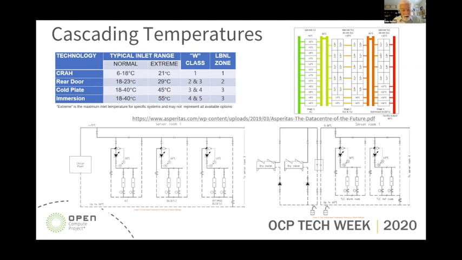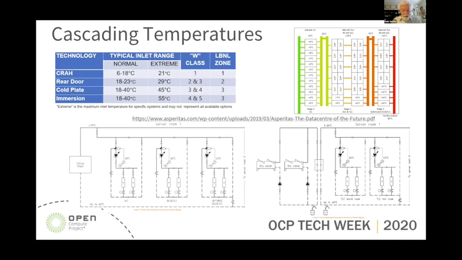Cold plate is 18 to 40 degrees C with 45 degrees as the extreme. Here again, it'll be a W class 3 or 4 in our zone 3. And then immersion can go to an even higher extreme temperature and is also a class 4 and 5.